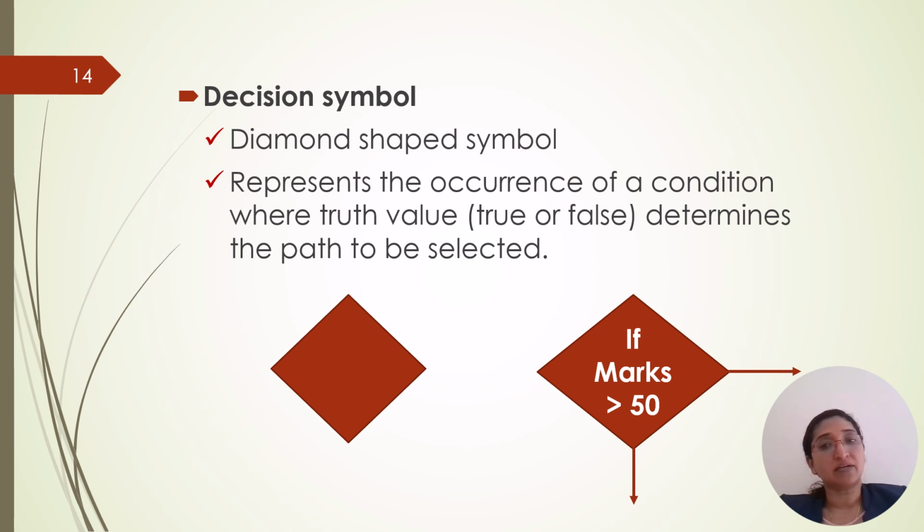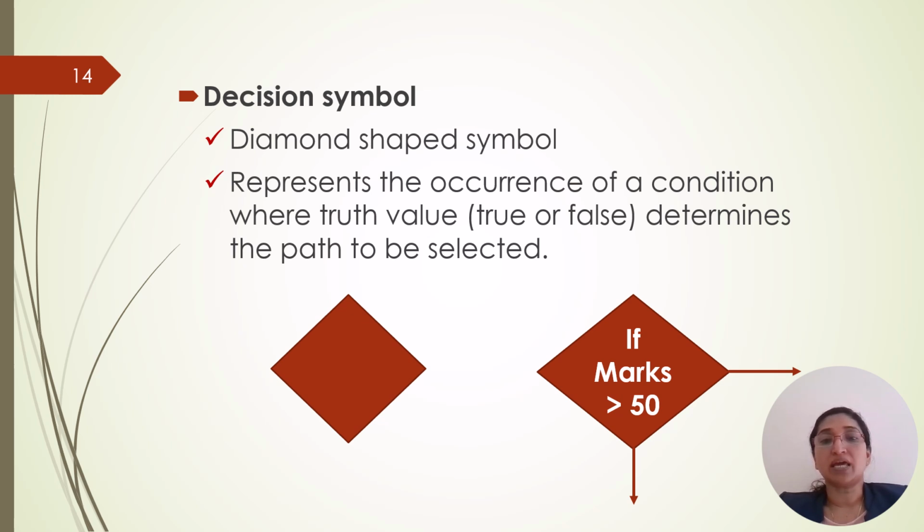In all the previous symbols, there is only one flow line going out. But with the decision symbol, there are two flow lines going out. If this given condition is true or if the given condition is false.